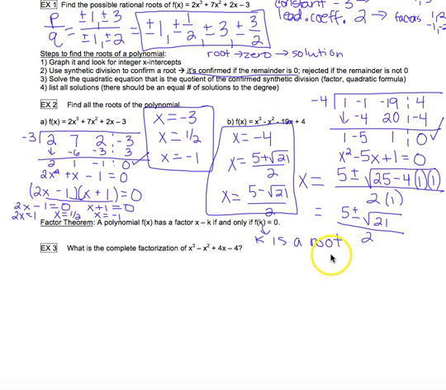So what that tells us, for example, is if x equals, we'll just use this one, 4 is a root, then x plus 4 is a factor.